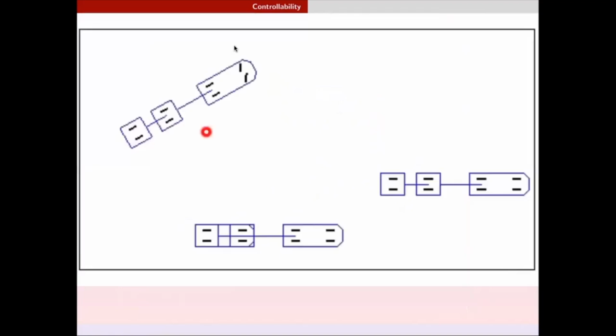Now, you are not driving a simple automobile, a car. Rather, you have a truck, and the truck is articulated. It has 3 bodies, so this is like a train, right? And then you have to move this truck from this configuration to this other one.